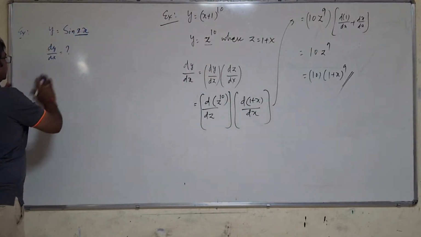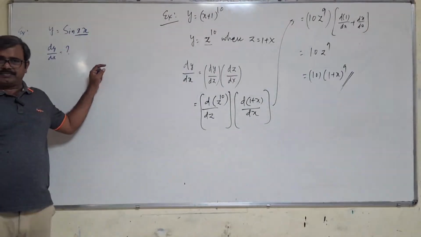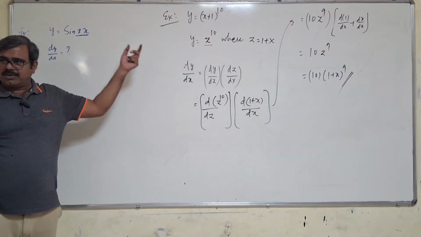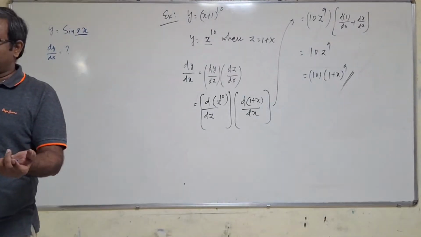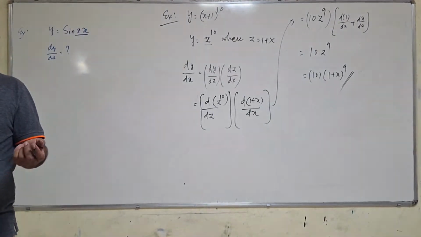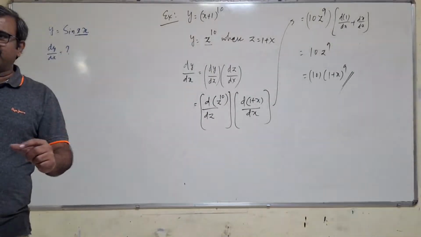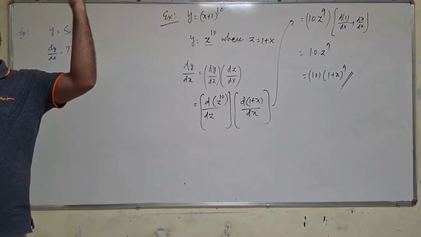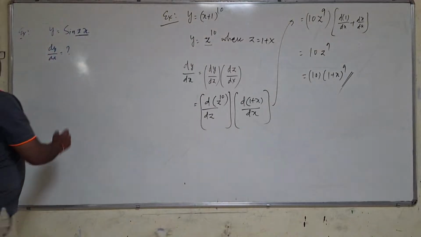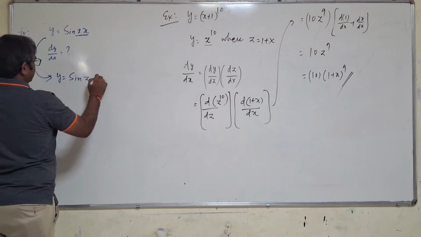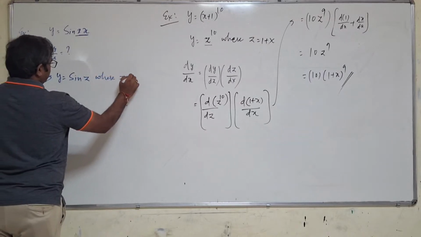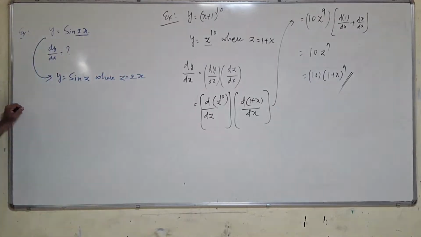So here, you understand what I'm saying? This is not sin function of x. If it is sin function of x, we know what to do. It is sin function of something else that depends on x. So I can write this as y is equal to sin z, where z is equal to 2x.